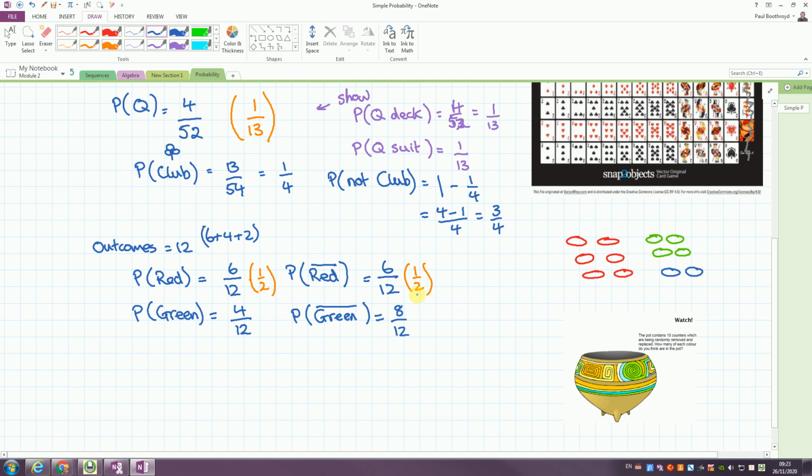And the reason we don't always simplify the fractions is, if we've got the same denominator, it is easier to see it is more likely to get red than green. So 6 over 12 is bigger than 4 over 12, which tells me that the probability, or likelihood, is more for red than green.